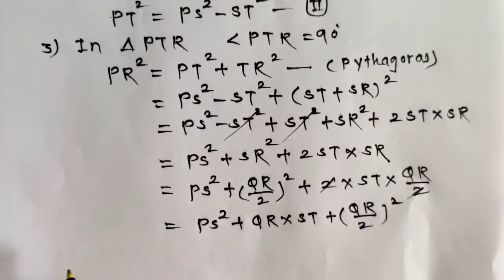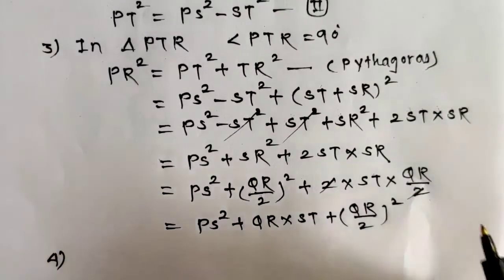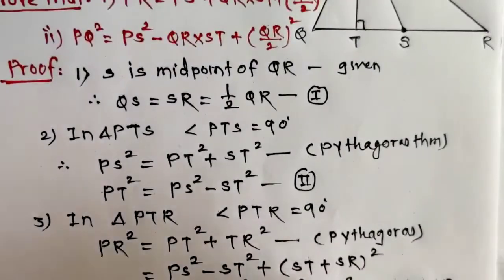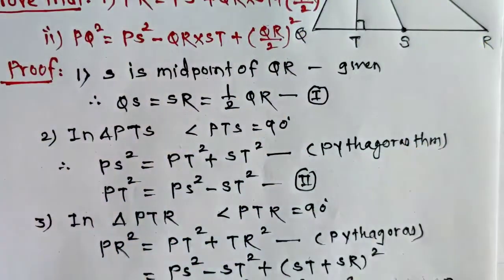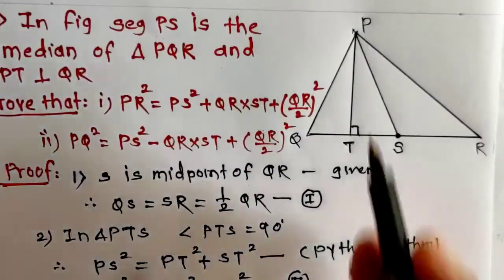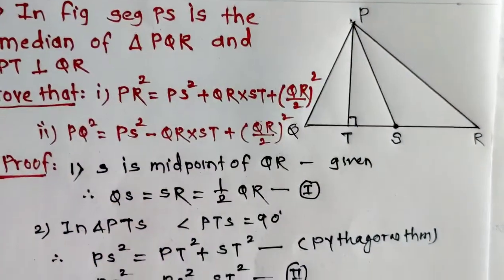Now second proof, fourth one same. We have to use this Pythagoras in triangle PTQ. Now this PTQ is again a right angle triangle.